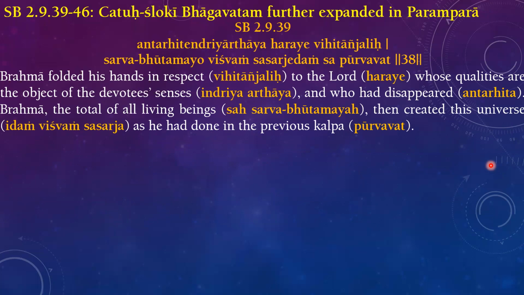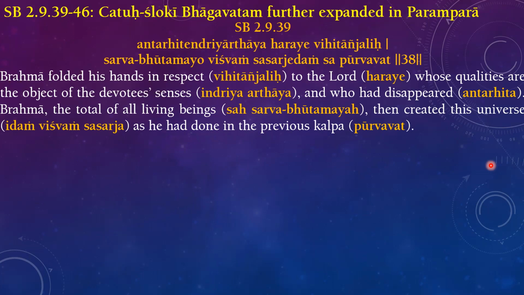Brahma, the total of all living beings, then created this universe as he had done in the previous life. When the Lord disappeared, Brahma just offered obeisances, gazing at the Supreme Lord. The form of the Lord is the essence of the senses. If the senses are not seeing the form of the Lord, they are simply wasted.